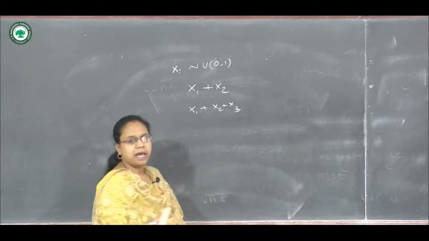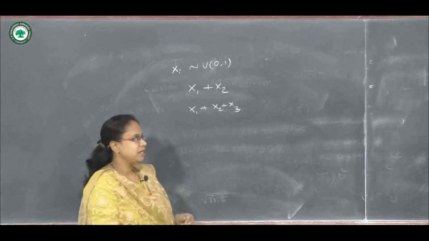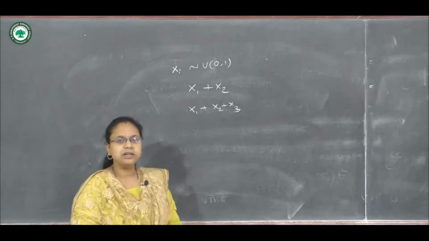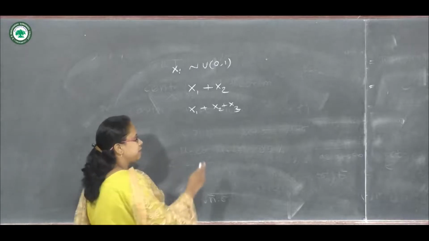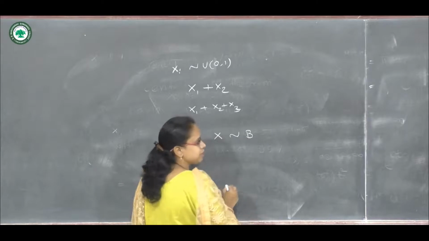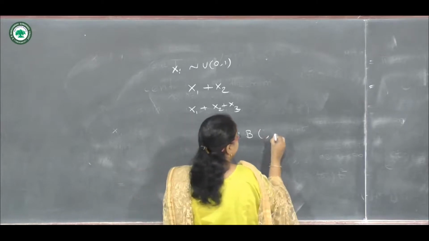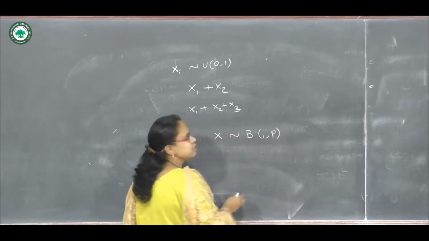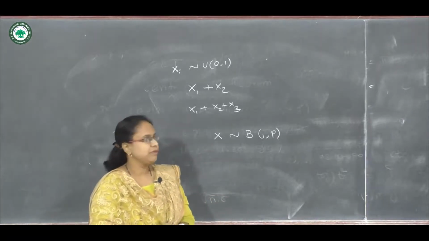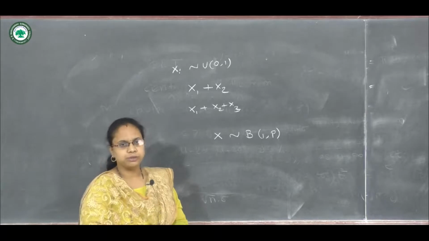There are many applications of this CLT, and due to CLT, normal distribution becomes very famous. If X follows Bernoulli distribution with 1 comma p, then also as we go on increasing the number of trials, we will have the normal distribution.